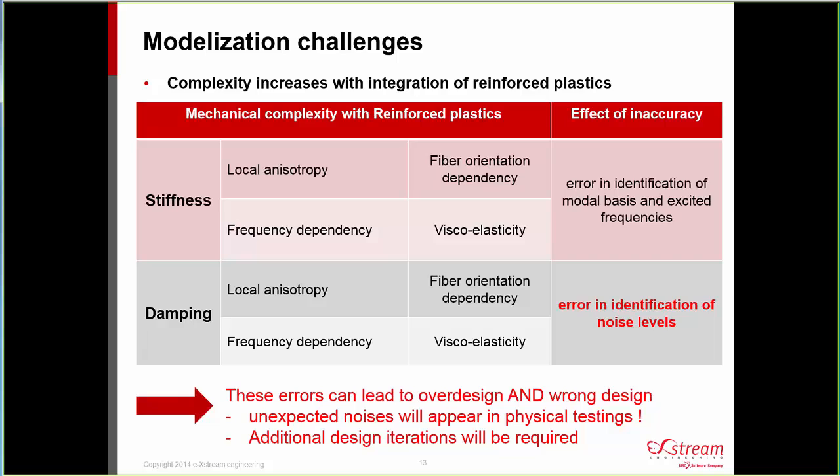If you are not accurate on stiffness prediction, the direct effect is that you have error in the identification of the modal basis at first, but also in the identification of the excited frequencies when you do frequency response. So these are the first level of error that you can make by not doing multi-scale analysis: error on stiffness. Now, regarding damping, you've got something quite similar, in that the damping behavior of a reinforced plastic material is also highly driven by the local fiber organization.